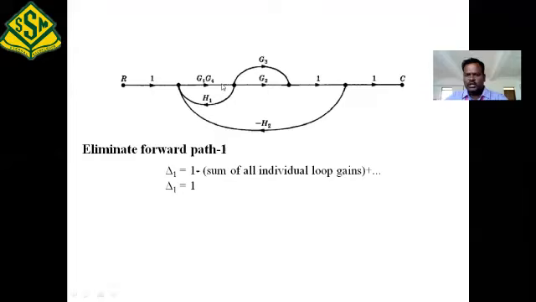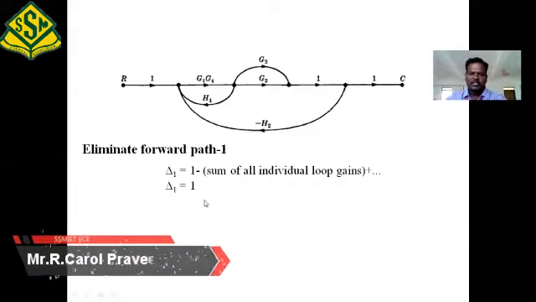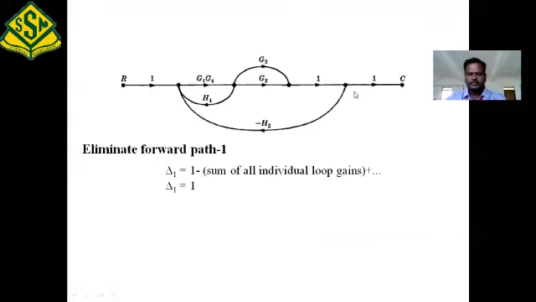In this problem, we have 3 loops, and all 3 loops have contact with forward path 1, I mean a common area between the loops and the first forward path. So del 1 is 1. If we had any loops not touching forward path 1, you must include 1 minus the summation of that particular gain. But all the loops are touching forward path 1.